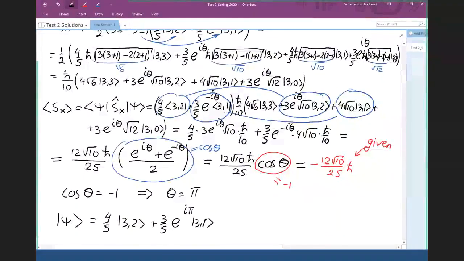Or, to make it even easier, e to the i pi is negative 1, so it's 4 over 5 |3/2>, actually minus, because e to the i pi is negative 1, so it's minus 3 over 5 |3/1>. This is the answer. That is it for this part of the problem.